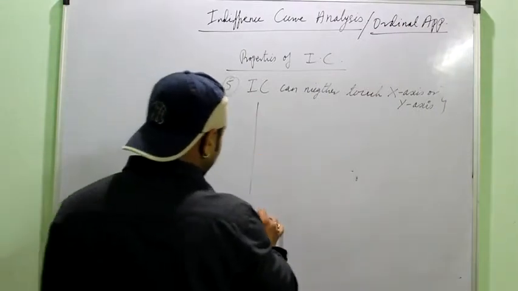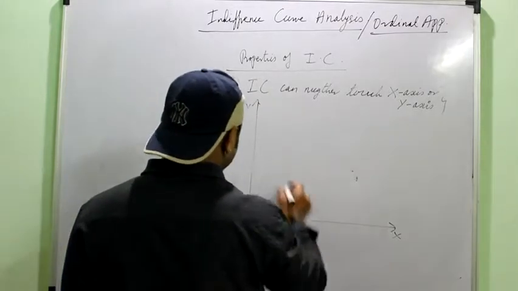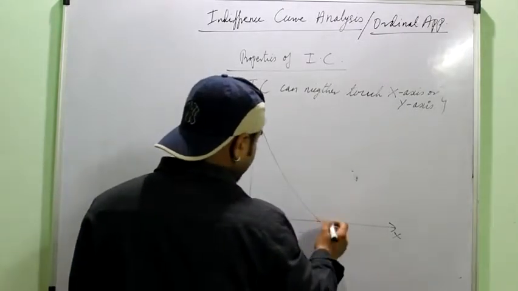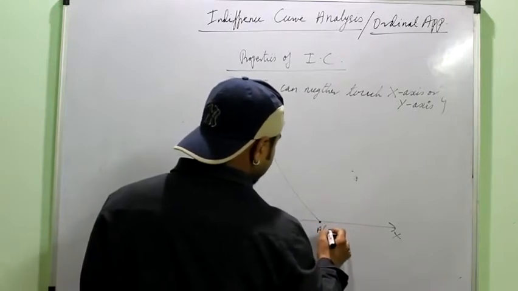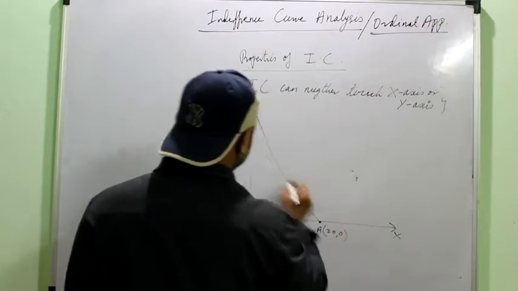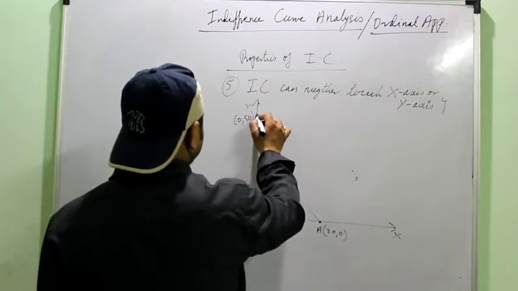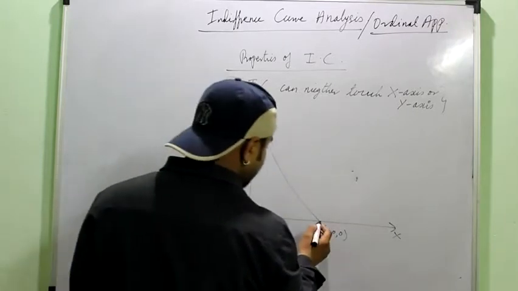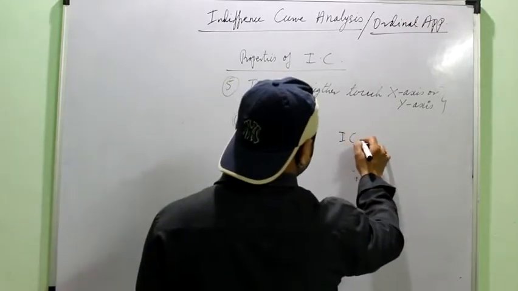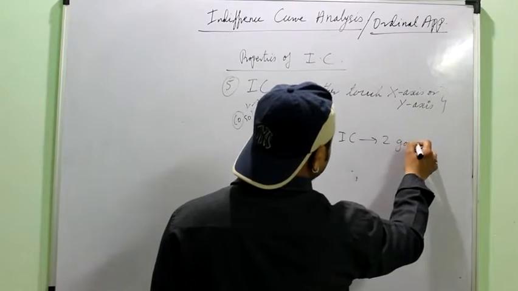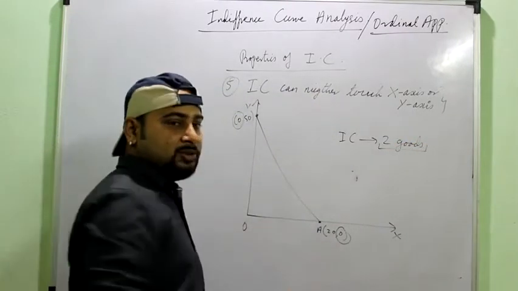Again, in maths we have already studied in the graph that on the x-axis y is 0 and on the y-axis x is 0. So suppose a point is lying here, A, it will have say 20, 0. Any point lying here will have 0, 50, because on the y-axis x will be 0 and on the x-axis y will be 0, and the definition of IC says that it is the combination of two goods. So the definition of IC cannot be fulfilled if the consumer is consuming only one good.